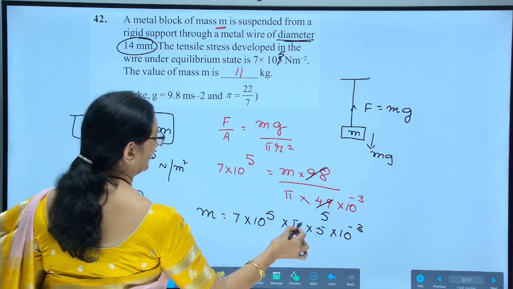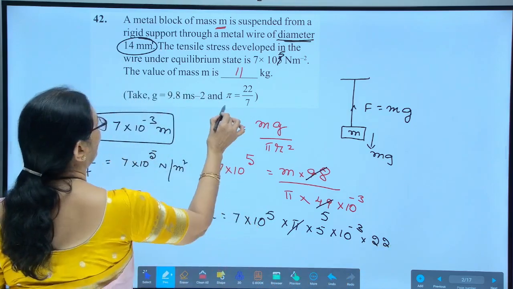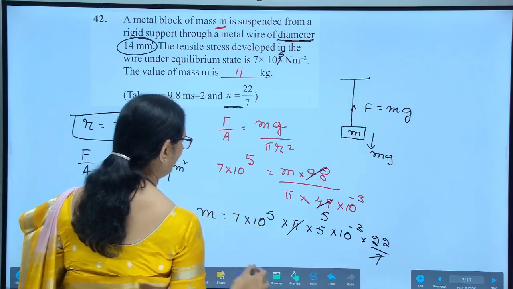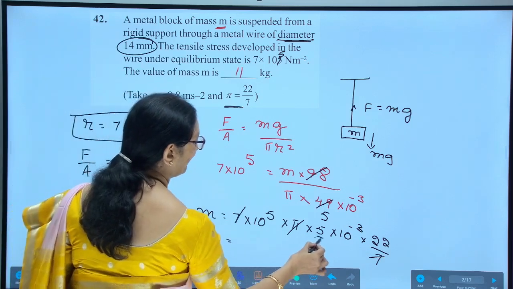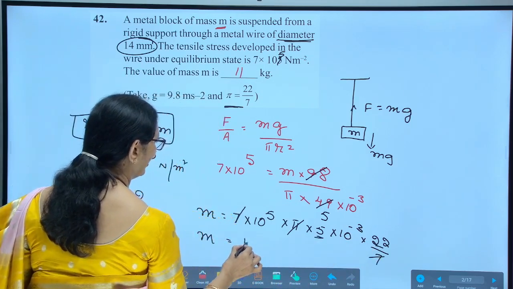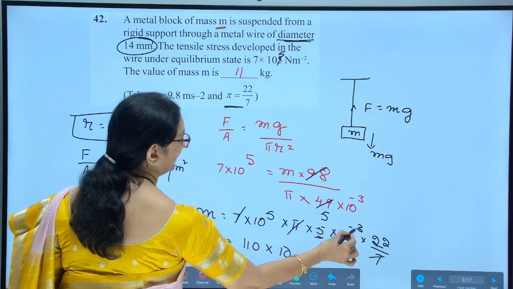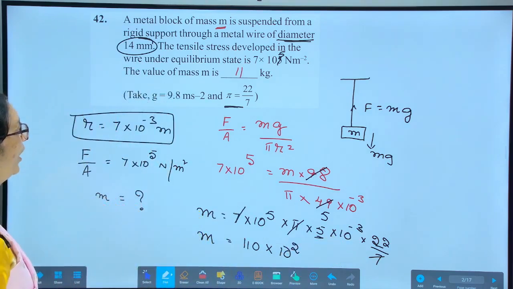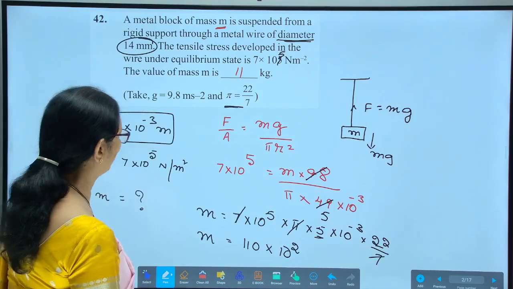Here pi is 22 by 7 because he has given pi is 22 by 7. 7 and 7 get cancelled. m is equal to 5 22s are 110 into 10 to the power of 5 into 10 power minus 3, that is 10 square, or 11 into 10 cube.